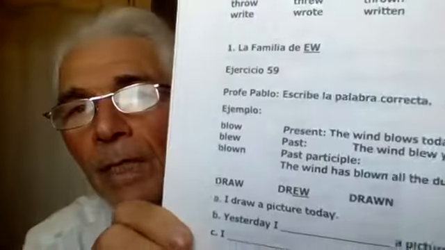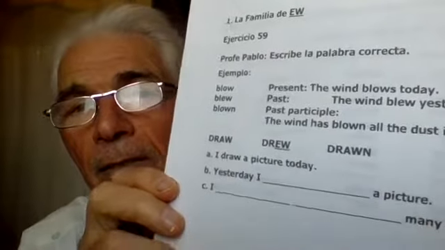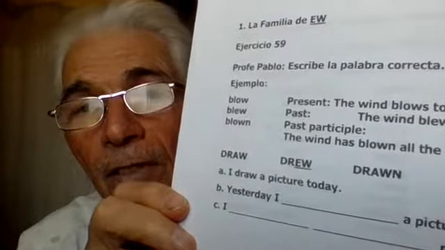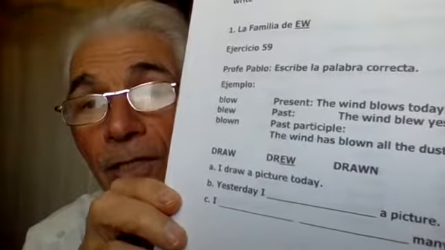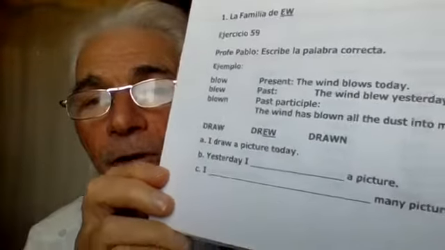There are 6 groups, and at the end of each group, I have an exercise. For example, I show the draw, drew. This is to memorize. I draw a picture today. Yesterday, I drew a picture. I have drawn many pictures.